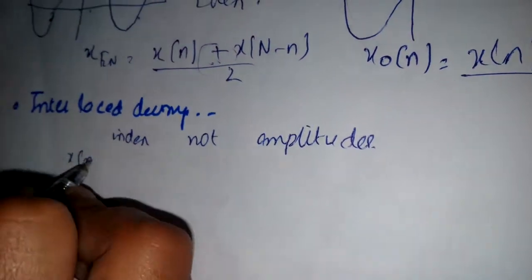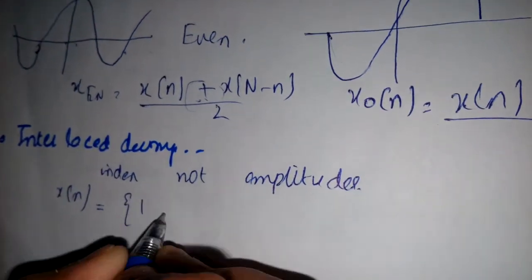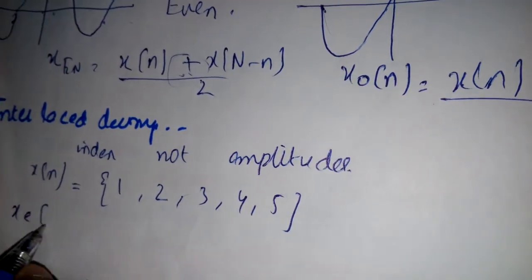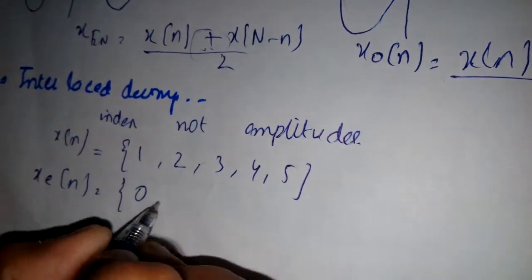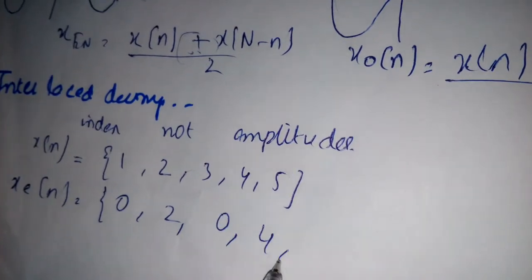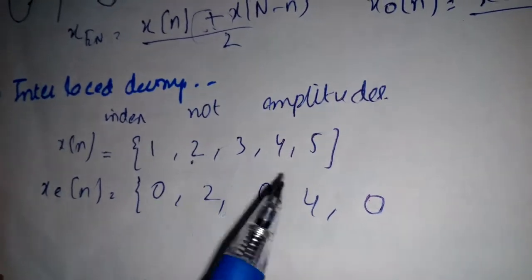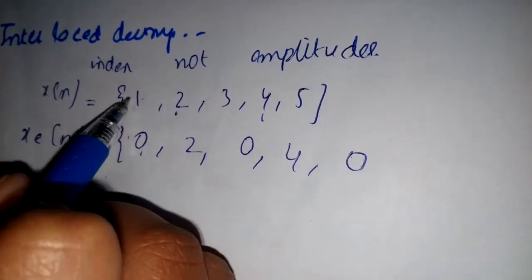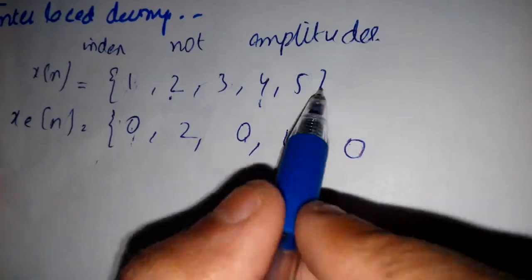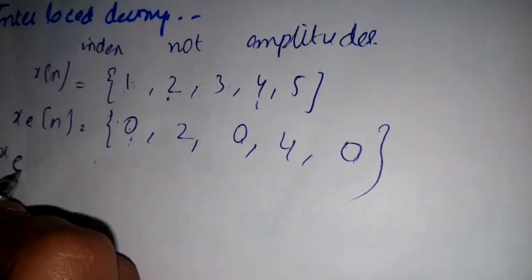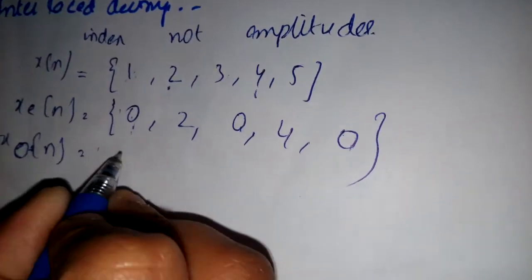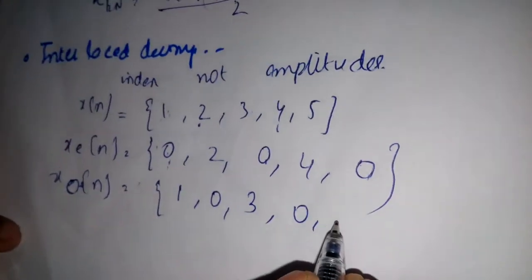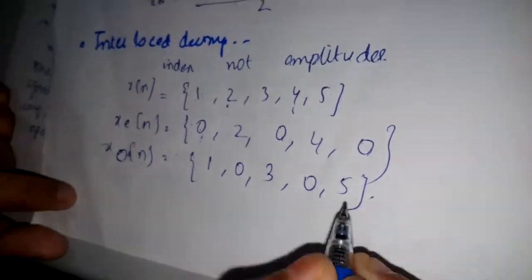For example, x[n] is 1, 2, 3, 4, 5. So here xe[n] is 0, 2, 0, 4, 0. Here 2 is even and 4 is even, so I place 0 in odd places. 1, 3 and 5 are odd, so in the odd case I have 1, 0, 3, 0, and 5.